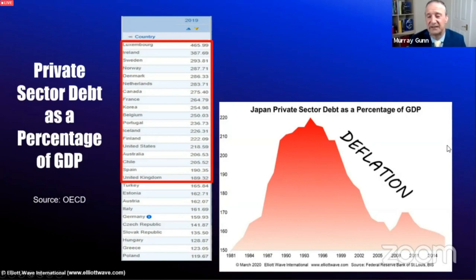It deflated over the next couple of decades at least, and then some. So this is our thesis, that we see a similar situation developing whereby private sector debt will be deflating. And if you look at what happened in Japan during that time, as private sector debt was deflating, public sector debt was inflating. So what's happening now in the markets could be very similar, with public sector debt obviously having a huge increase.